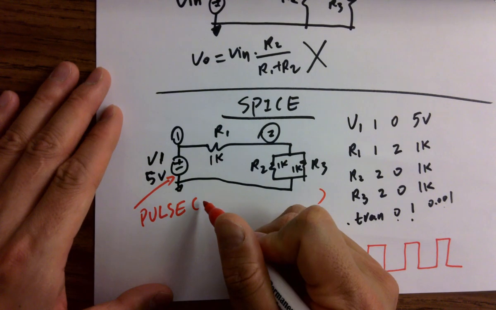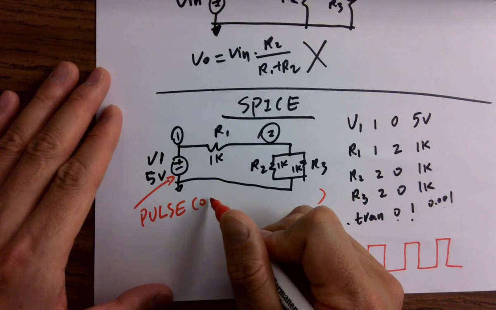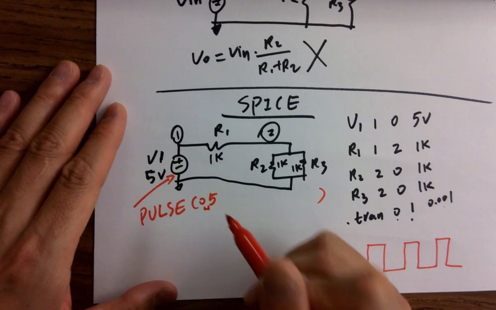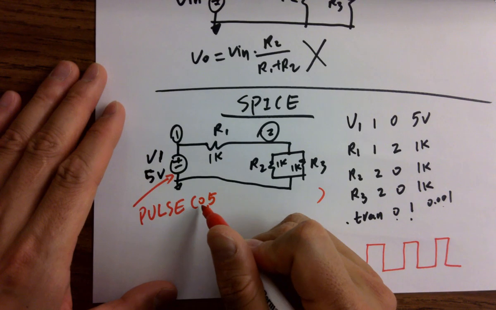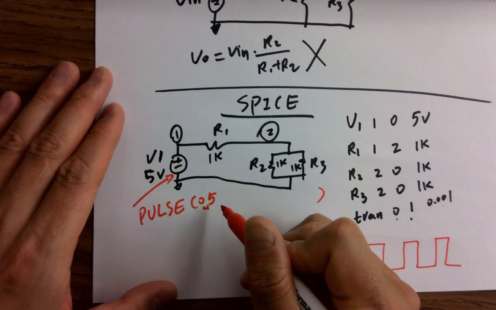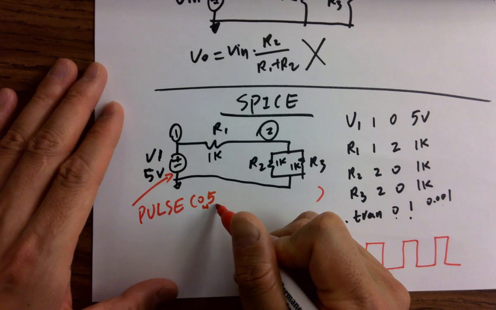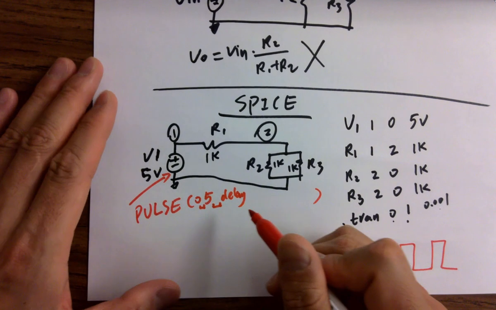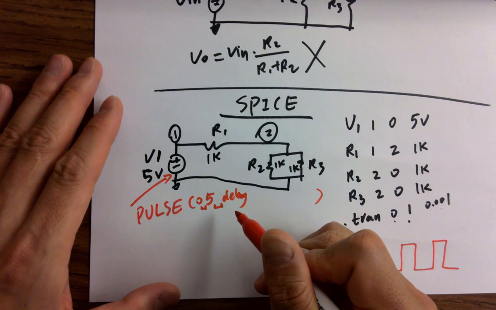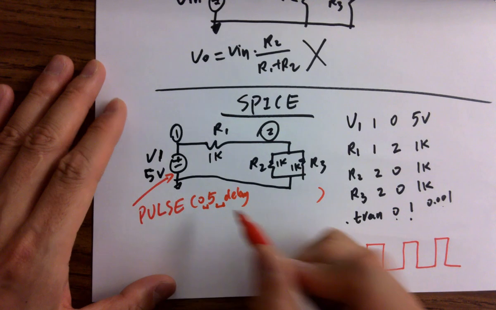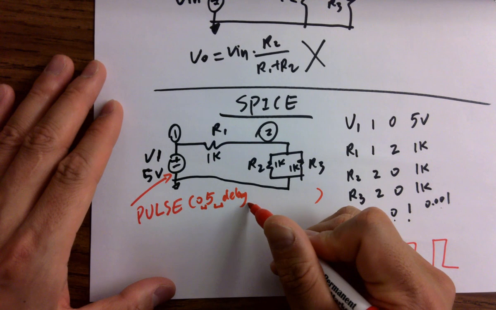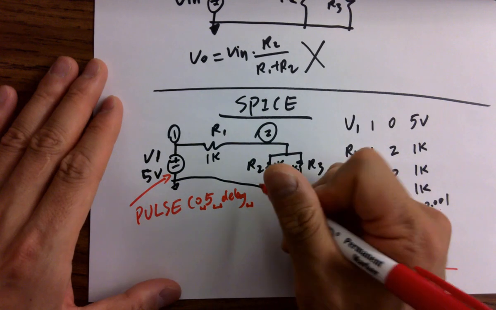So for example, I put a 0, 5 with a space in the middle. It's starting with 0 volts and then shoots to 5 volts. And there's a time delay, which means when you want the pulses to happen. So you can put a time delay in front of it. And after that is a rising edge.